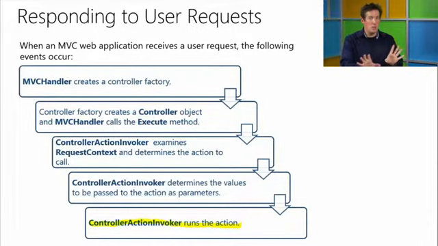And so what needs to take place behind the scenes is that we need some mechanism to create a brand new instance of that controller and go find the appropriate method. That's exactly what this slide is walking through, everything going on behind the scenes. At the end of the day, we are simply calling a method on a class. Yep.